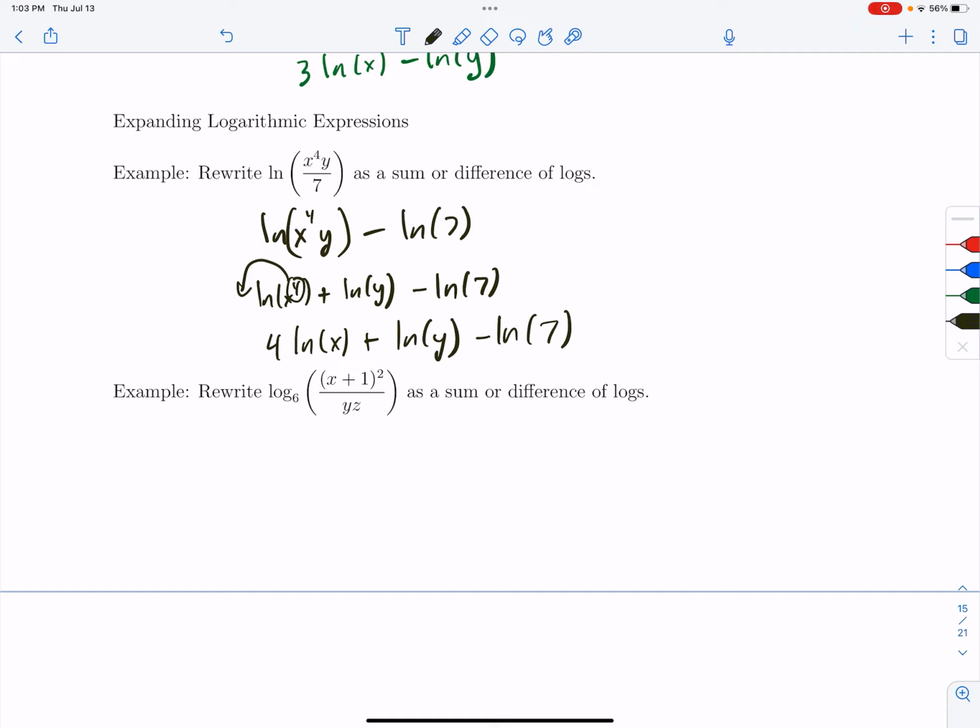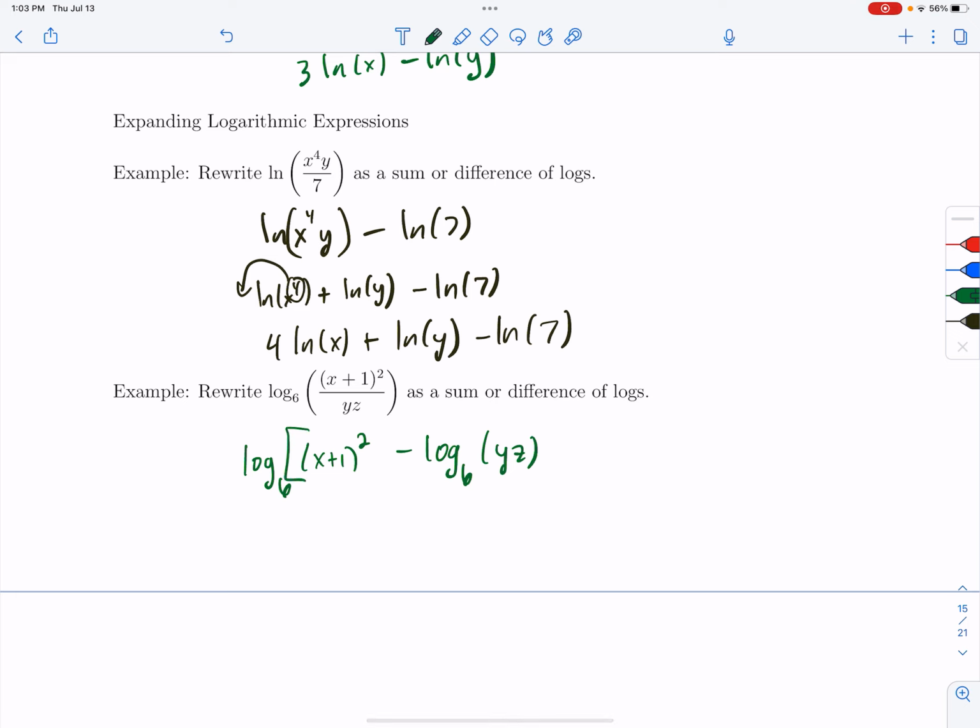And we can always check this by going the other direction, putting it back together and seeing if we get what we started with. This next one, again, I'm going to expand using the quotient rule first. Log base 6 of x plus 1 squared minus log base 6 of yz.